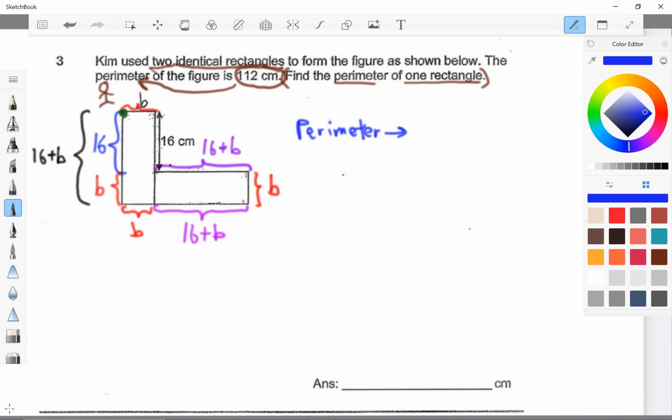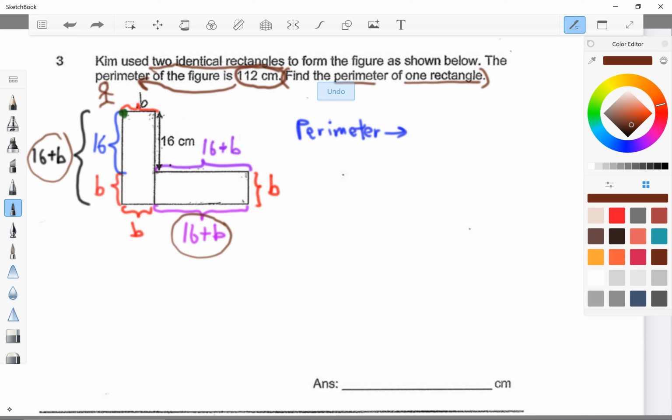Why would I say that? There is 16 plus b over here, then below 16 plus b, 16 plus b here, and not to mention this 16 and the b. So 16 plus b actually will appear a total of 4 times.